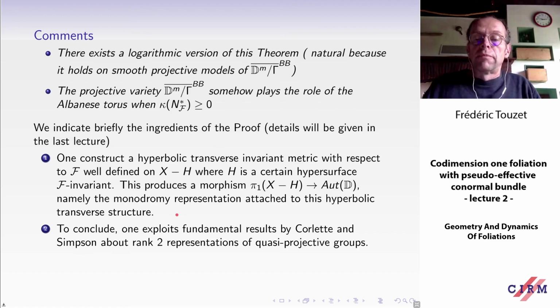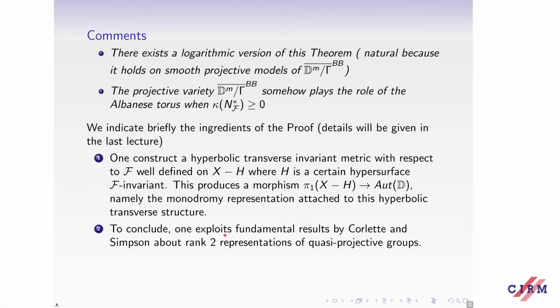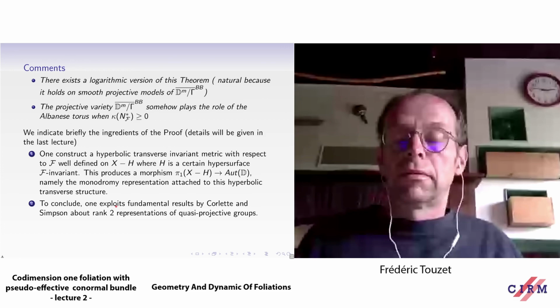And to conclude, one can exploit deep results by Corlette and Simpson for free, to conclude that we are done essentially, that the foliations come from tautological foliations on the quotients of polydiscs. Okay, so this concludes the second lecture. See you soon.